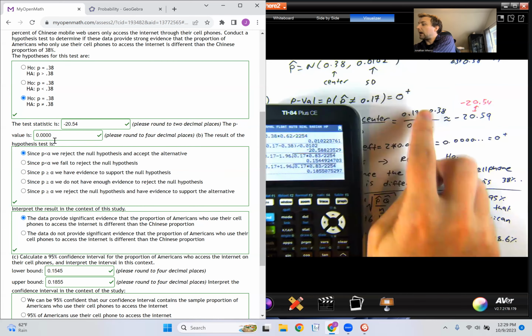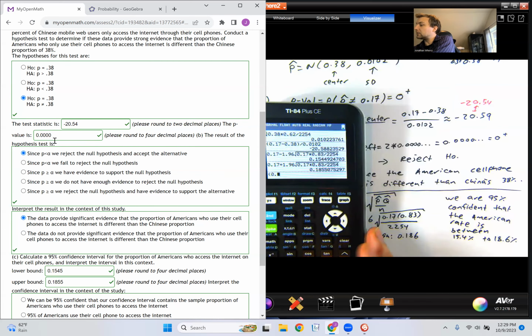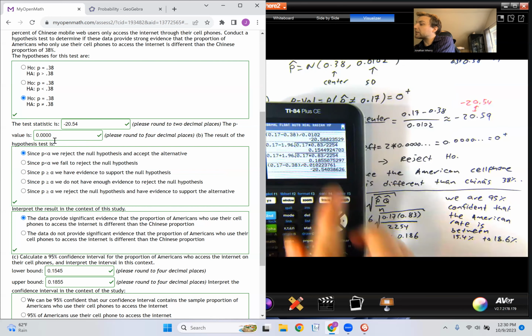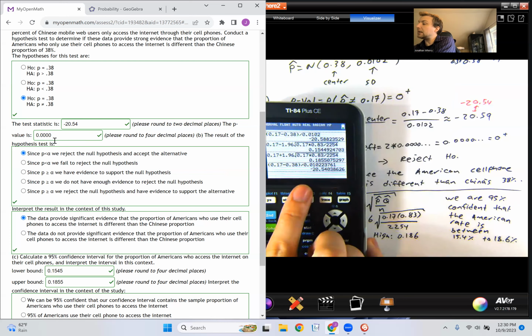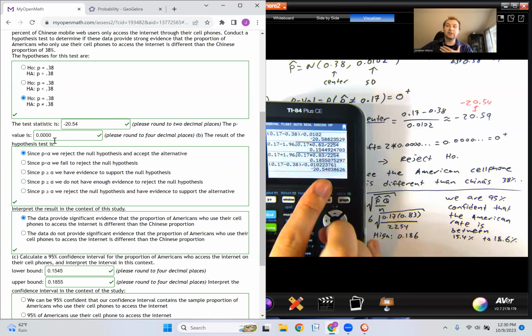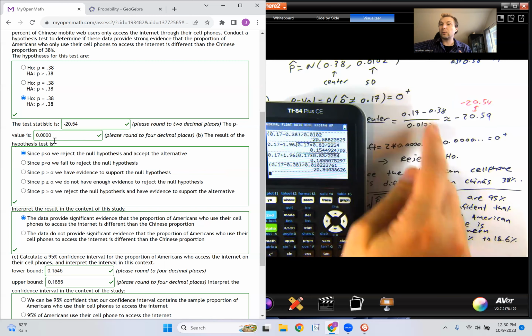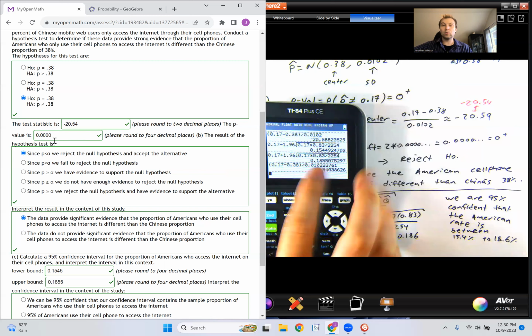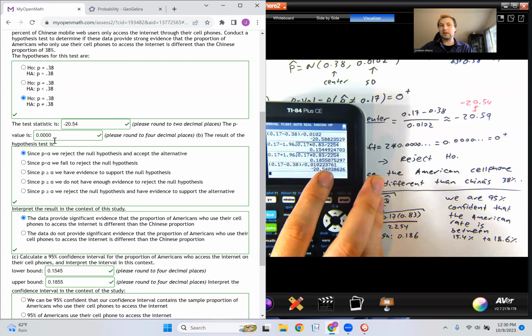Again, I just want to show you how I could have gotten the same thing if I just used some more decimals early on. So my standard deviation from earlier with some more decimals does give me this negative 20.54. So this was really a round-off error. That was why I was getting a slightly off value compared to GeoGebra. If you use more decimals, you will get more accurate results.